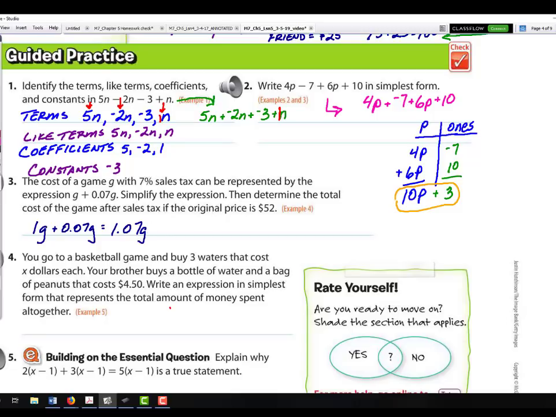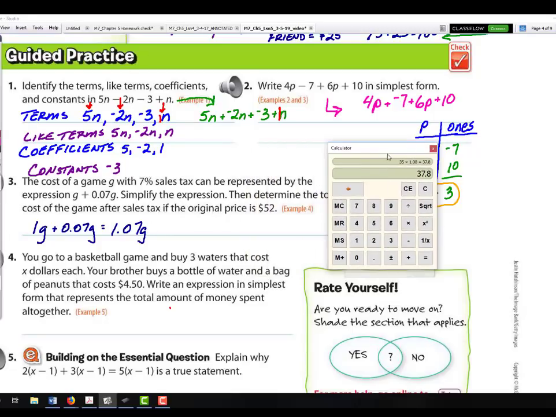Then I'm going to multiply that, since the cost of my game is $52, 1.07 times 52, which gives me 55.64. That is the cost of the game after we've added the 7% sales tax.